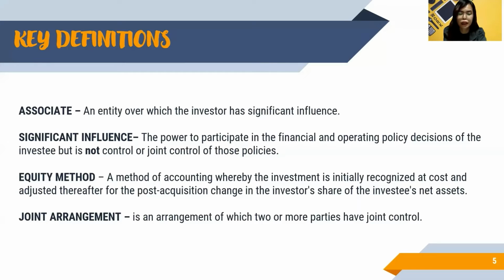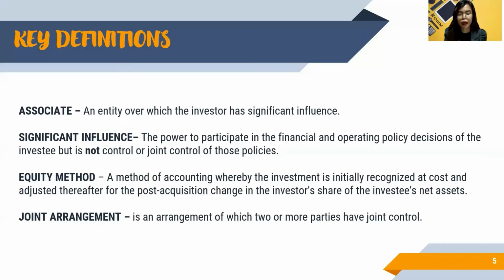Kasi if you can control the entity, then you are in a parent-subsidiary relationship. There is a different accounting and a different standard. Joint control, that is joint venture. So, significant influence, you only have the power to participate in the financial and operating policy decision of the investee. Mamaya, we will further discuss that.